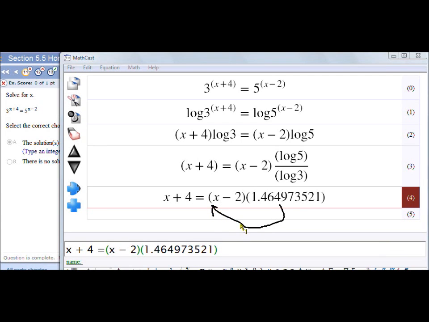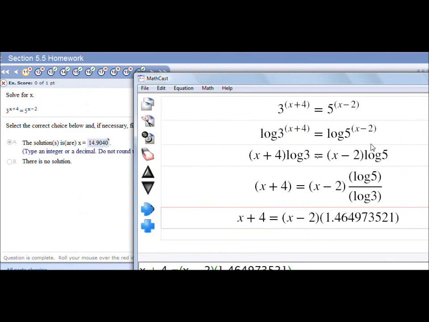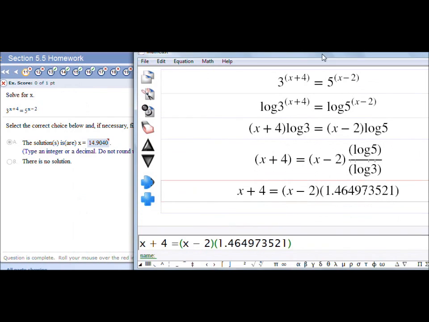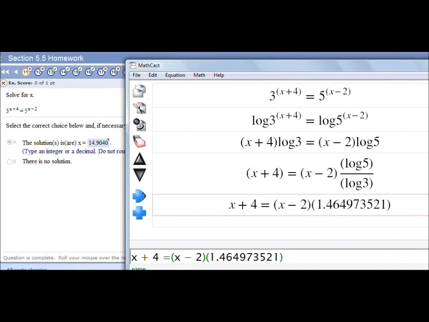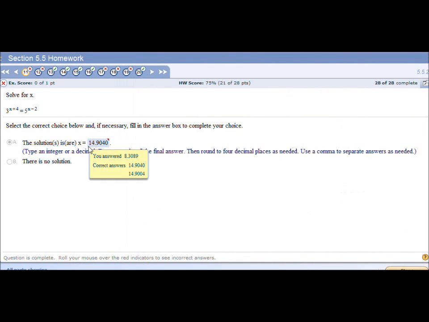And then you will be using good old algebra to finish the problem. And what you will come up with is 14.9040, and that would solve the problem.